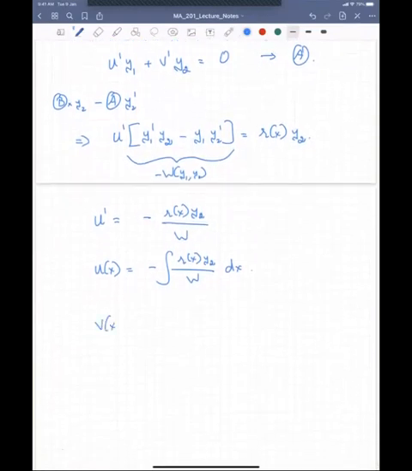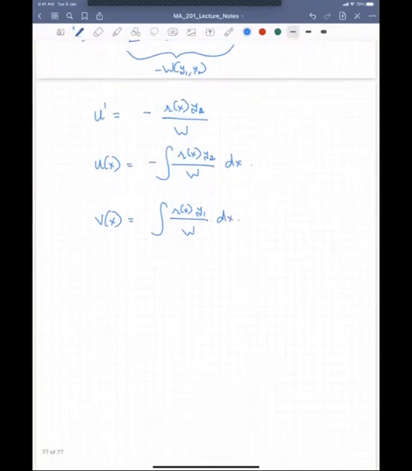So v of x would be equal to the integral of r of x y1 divided by W dx. So with these ways of determining the functions u and v, my problem is now solved. By construction, I have gotten a particular solution.